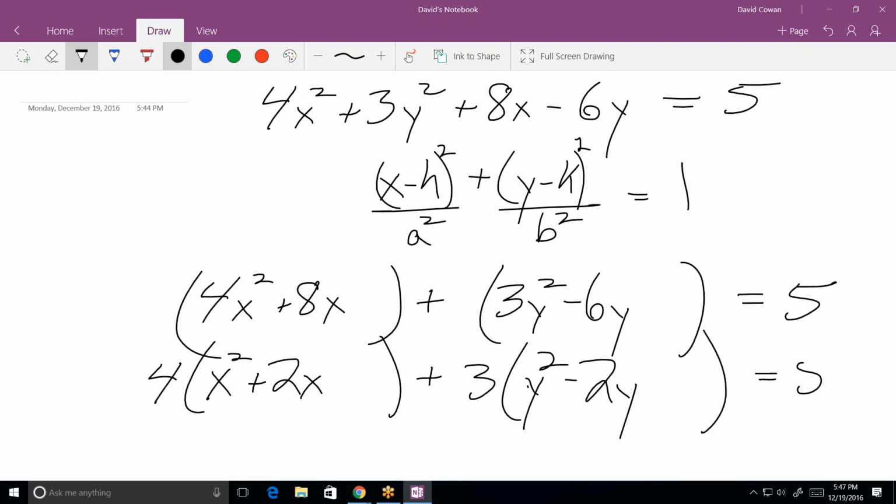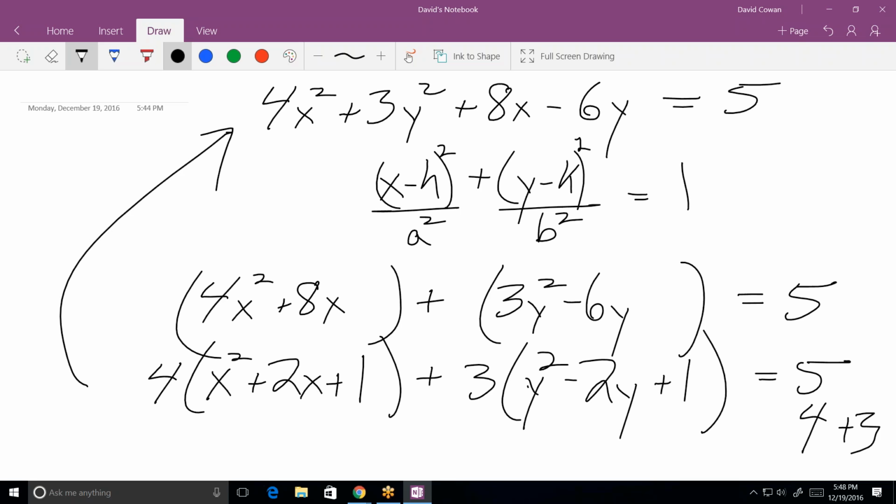Now, in other words, this is the same as that. Now, complete the square on the x's. Add 1, and balance it on the other side by adding 4. And with the y's, add 1. The other side, add 3.